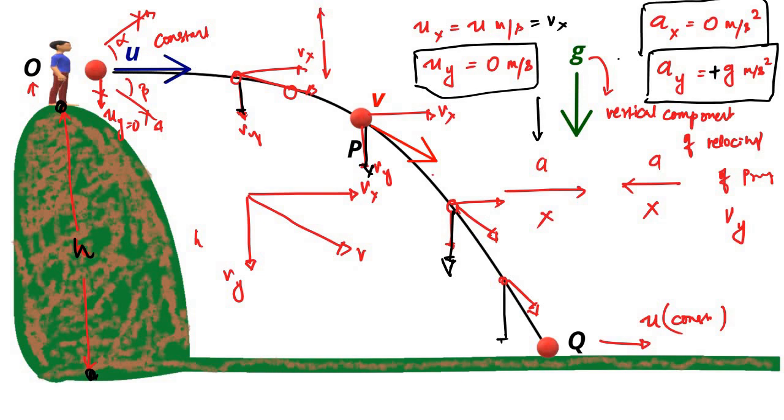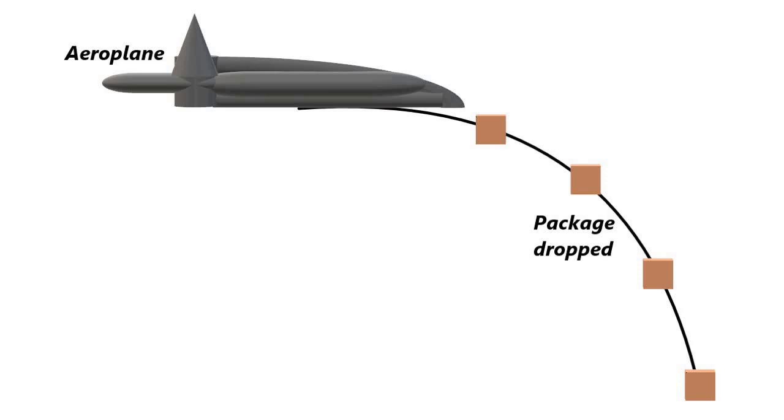Another example of this, which we discussed in the first video related to projectile motion, is a package dropped from a moving aeroplane. The aeroplane is moving with some horizontal velocity, so the packet, when dropped, will also have the same horizontal component of velocity at each and every intermediate point.